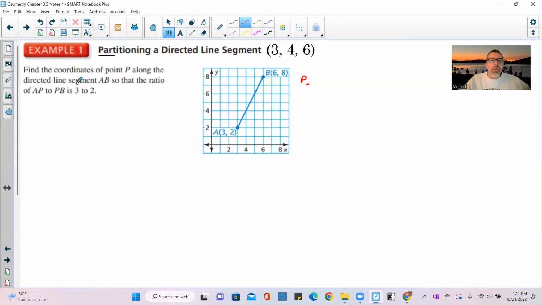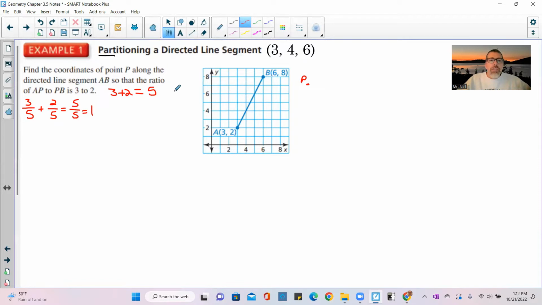What we want to do is add 3 and 2 and get 5. That is going to be our denominator for both of those fractions, because 3/5 plus 2/5 equals 5/5, which equals the whole thing.